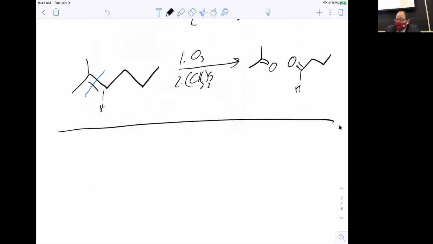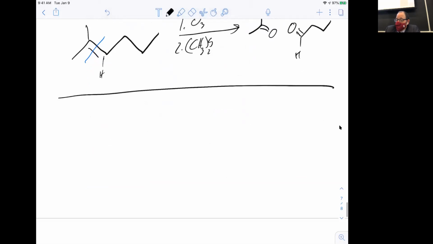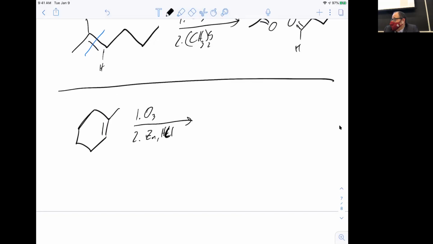So let's try one of those. See the ozonolysis, we're just going to break that double bond.